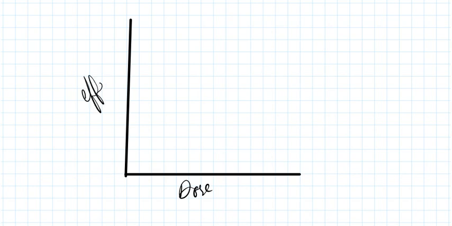This is the dose and this is the action, or the effect. Now there is a drug A, a drug B, a drug C, a drug D. Now drug A, wait.